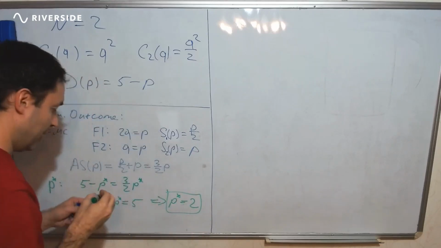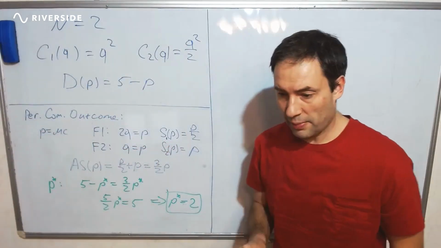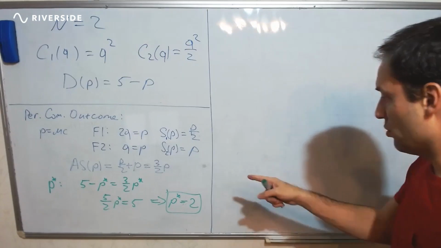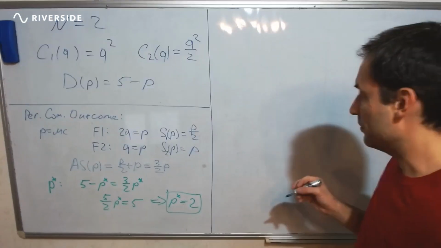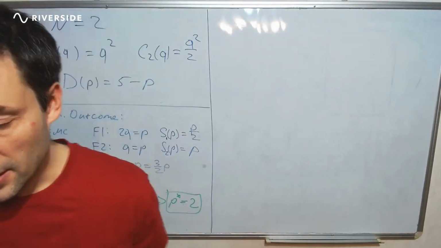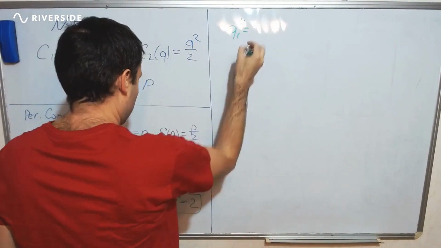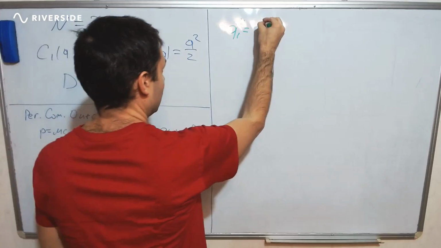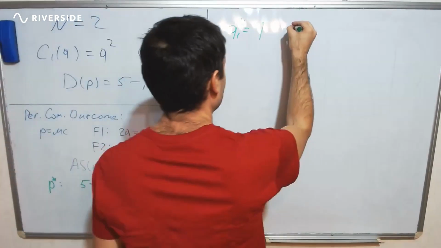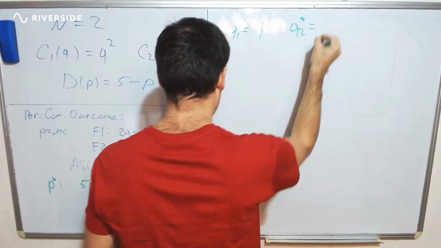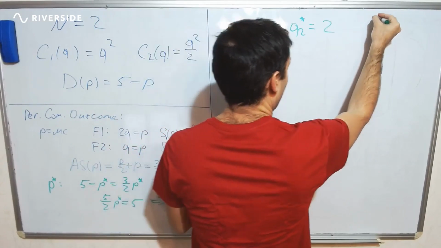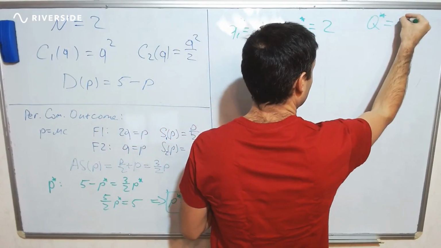So we find the price in a perfectly competitive outcome, and we can use this price to calculate other information asked in this question. For example, firm 1 will produce 1 unit, we just plug the price in here. Firm 2 will produce 2 units. Overall production will be 3.